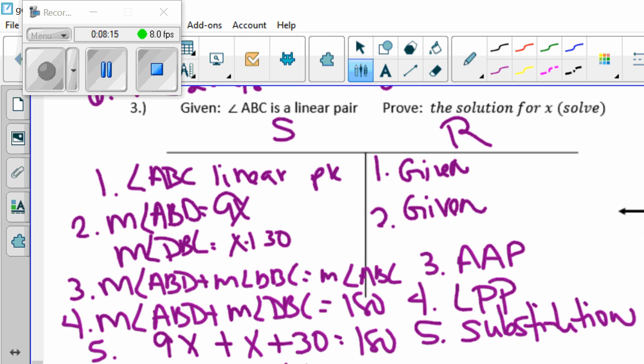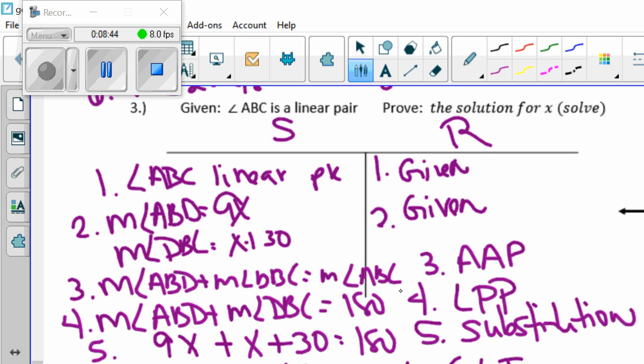My reason, combine like terms, CLT. I'm going to get x by itself, so move my 30 over, I get 10x equals 150. My reason, I subtracted, so subtraction property of equality. And finally divide, so I get x equals 15, division property of equality.